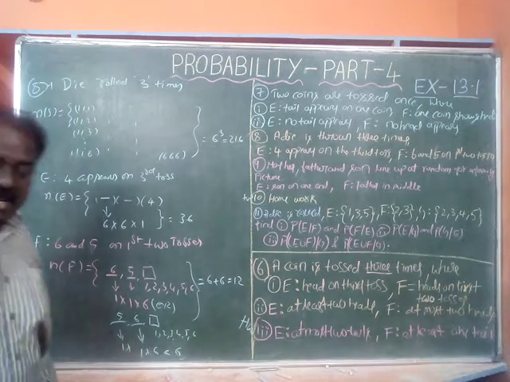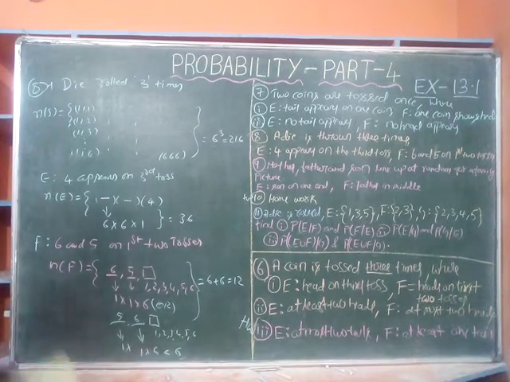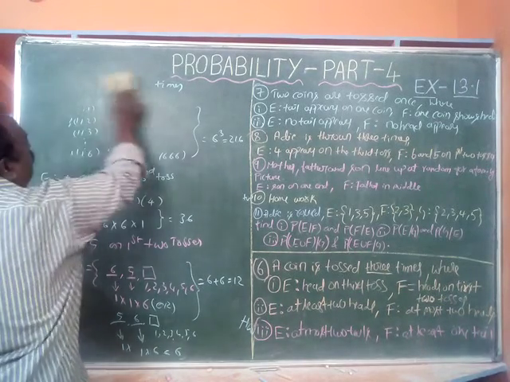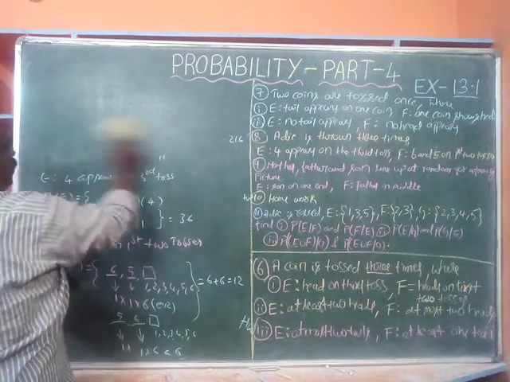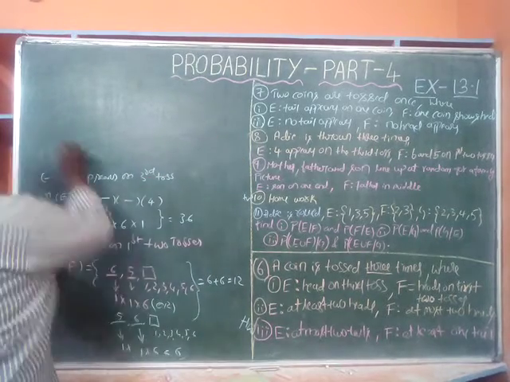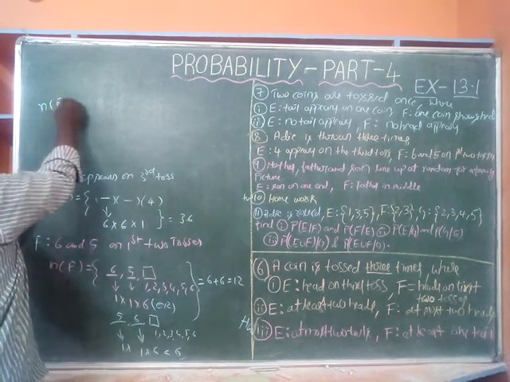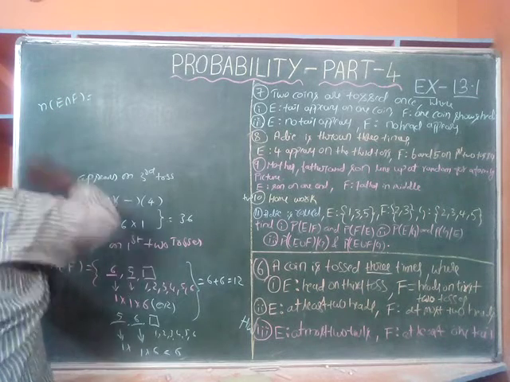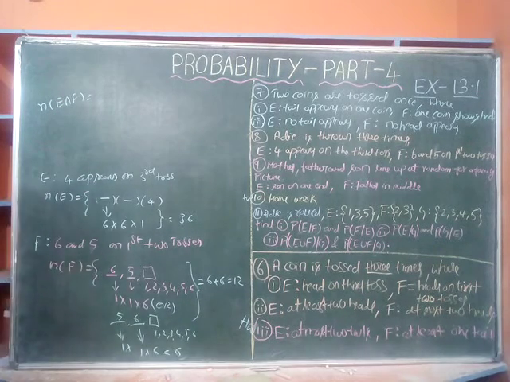But here the problem is finding n of E intersection F. Because we are asked in questions 6 to 9, the heading is finding P of E given that F. So E is known and we found n of E, that is 36.